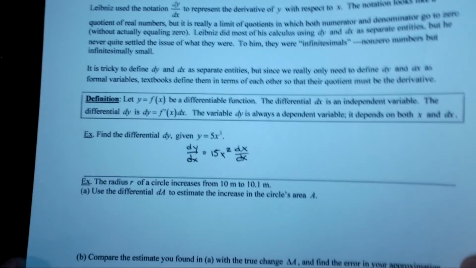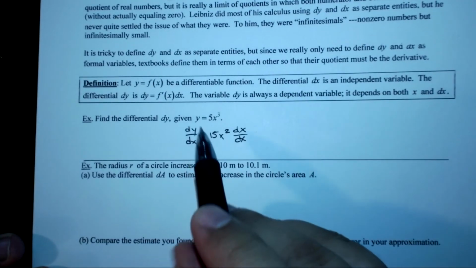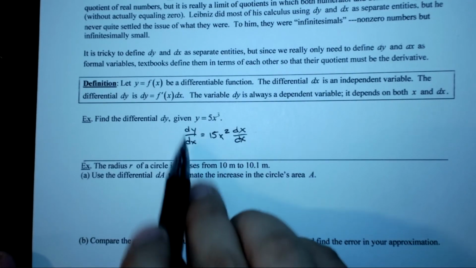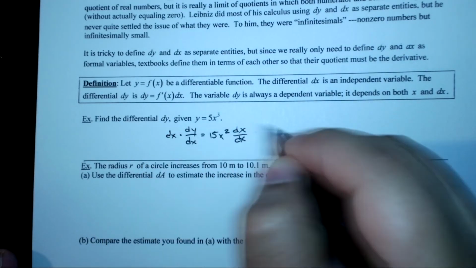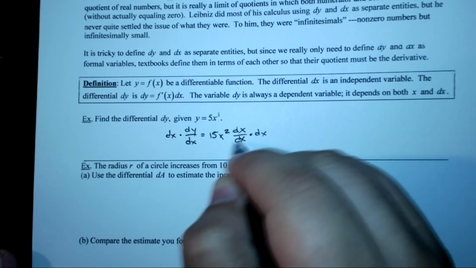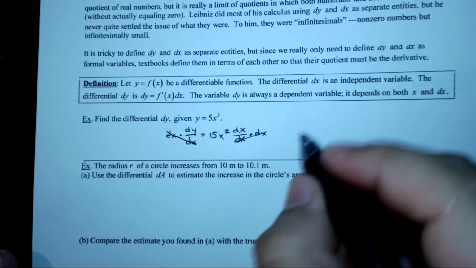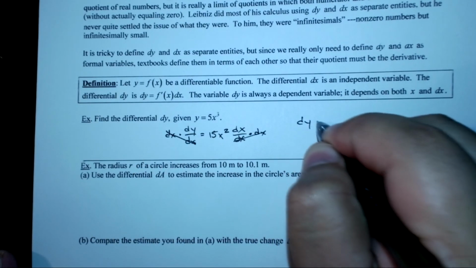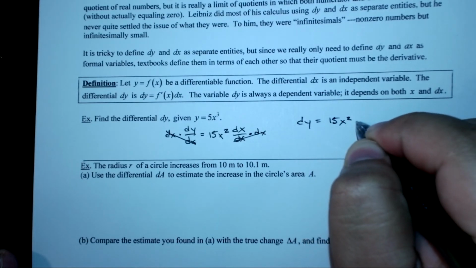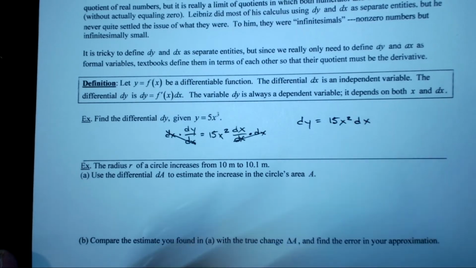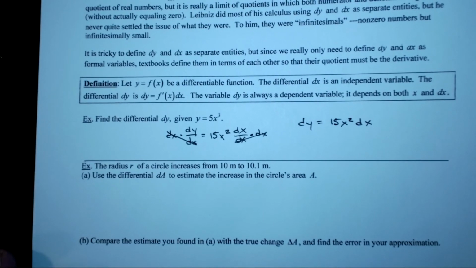If we treat them as quotients, let's solve for dy. If we want to solve for dy, we multiply both sides by dx. These cancel out, those cancel out. And what you're left with is dy is equal to 15x squared times dx. Okay, simple enough, right?